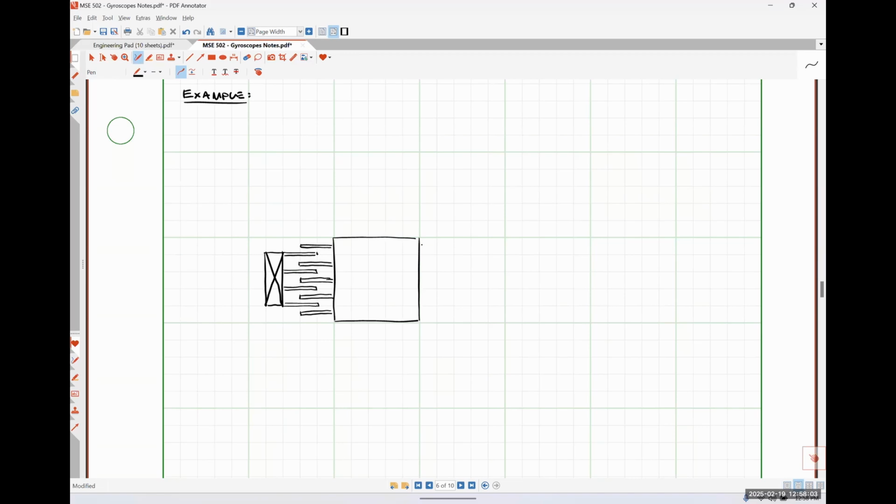What I'm going to try to make is an identical system on the opposite side. So these are where our drive mode vibrations are going to come from.